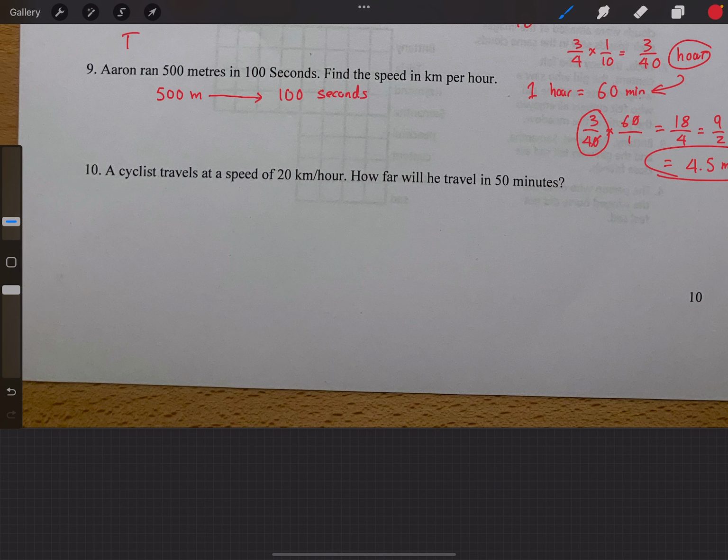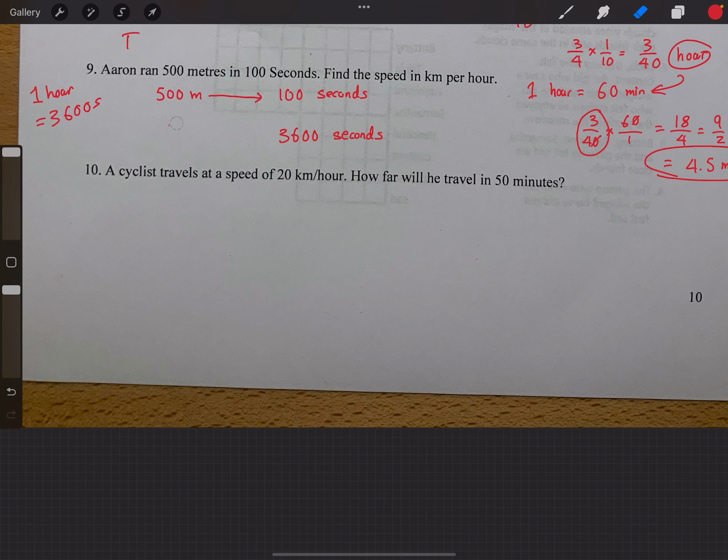So I need to find the distance traveled in 1 hour, because that's how we do the speed. We say so and so kilometers an hour, in 1 hour. So 1 hour has how many seconds? Remember that 1 hour is equal to 3,600 seconds.